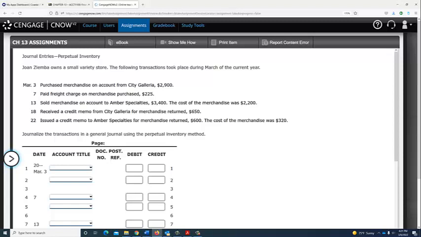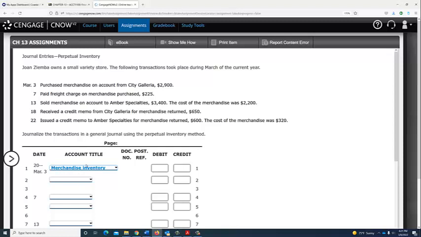So on March the 3rd, we purchased merchandise on account from City Galleria. Okay, so since we're using perpetual, we're adding that inventory to our merchandise inventory account.